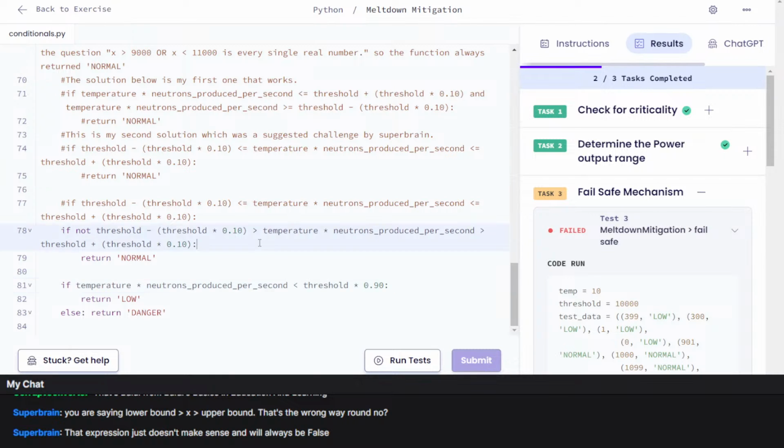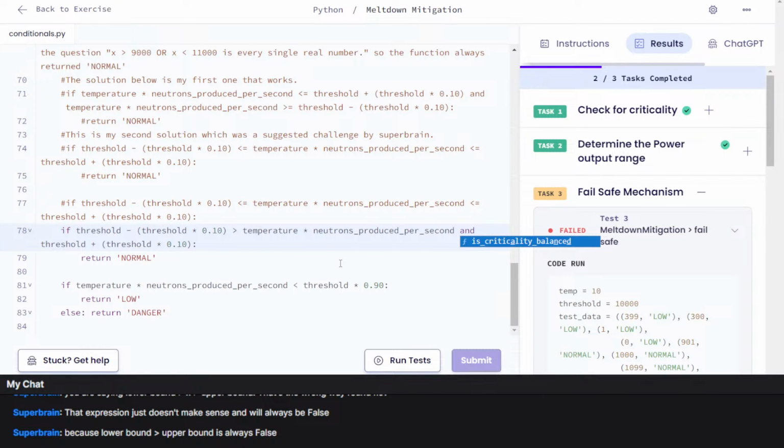Oh, so I just can't use... Oh, yeah, you said these are two separate things. I'm getting mixed up with the last thing I did. You're right. I get it, you're right. So if... Let me change this again. Superbrain says because lower bound upper bound is always false. Okay.